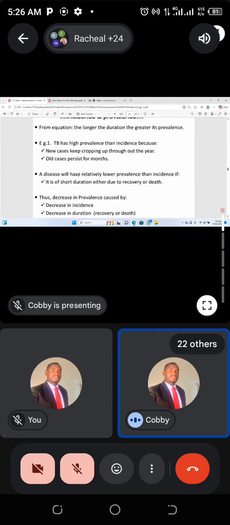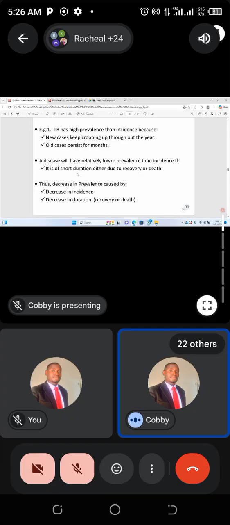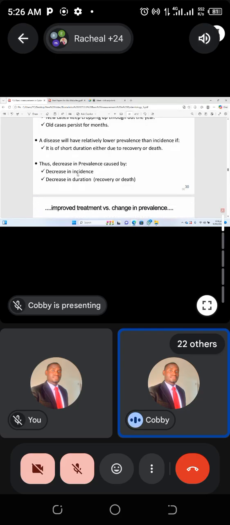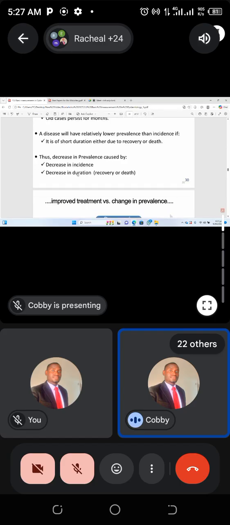When someone dies or recovers, they are no longer counted in the prevalence. So a decrease in prevalence is caused by a decrease in incidence and a decrease in duration, which can be due to recovery or death.